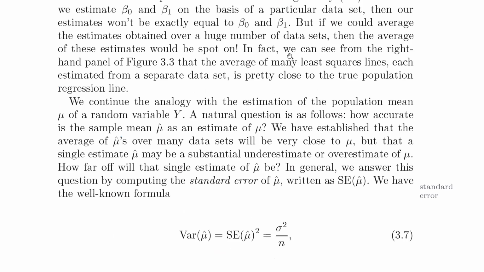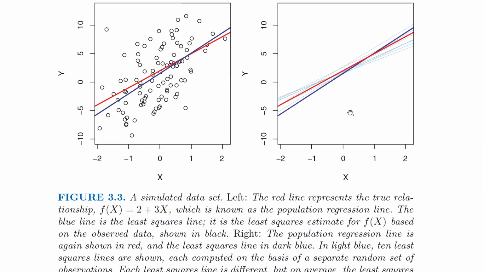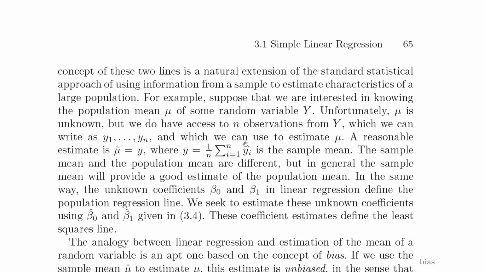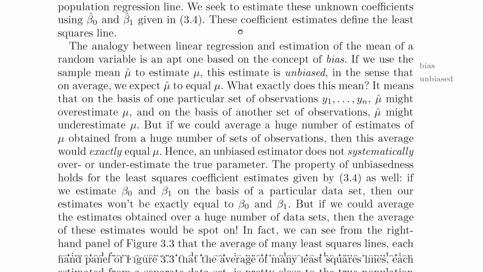In fact, we can see from the right-hand panel of figure 3.3 that some of the blue lines are above the red over here, some of them are below. And if you average all these blue lines out, now these are only 10 of them, but if you average them all out, you would get closer to the red line. The red line is the true relationship, the population regression.